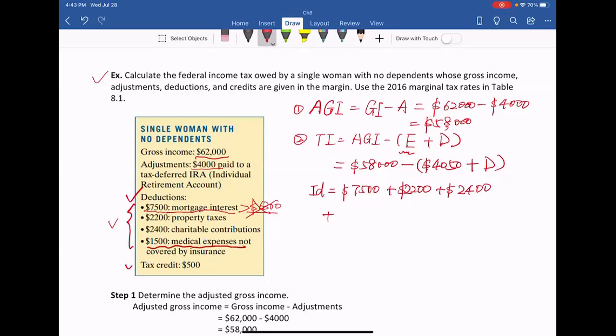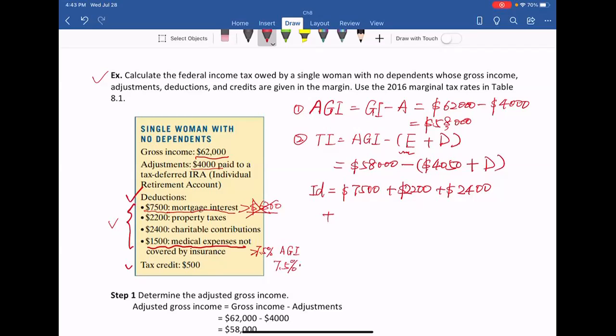We learned that if the medical expense is greater than 7.5% of AGI, adjusted gross income, we can use it. But if it's less than 7.5% of AGI, we can't use it. So let's see, what is 7.5% of the AGI?